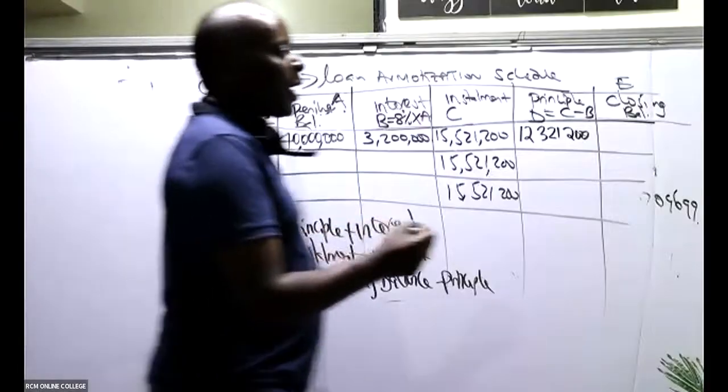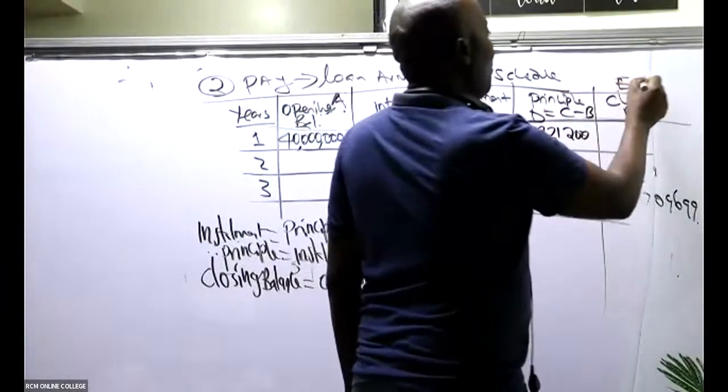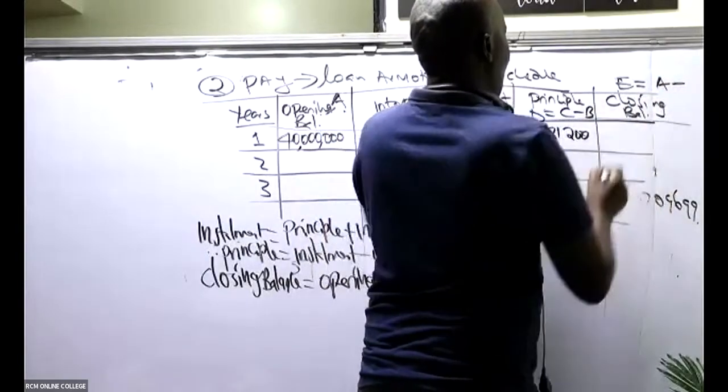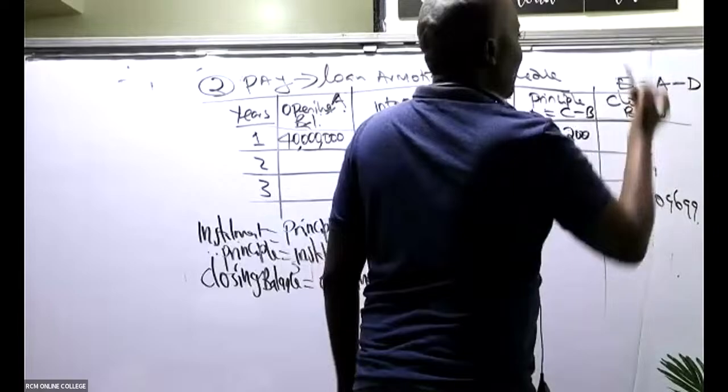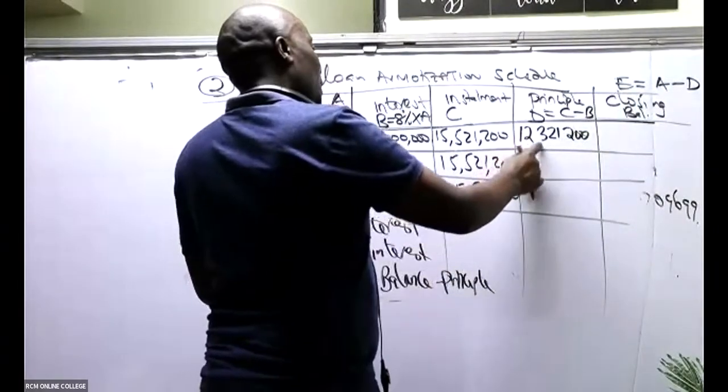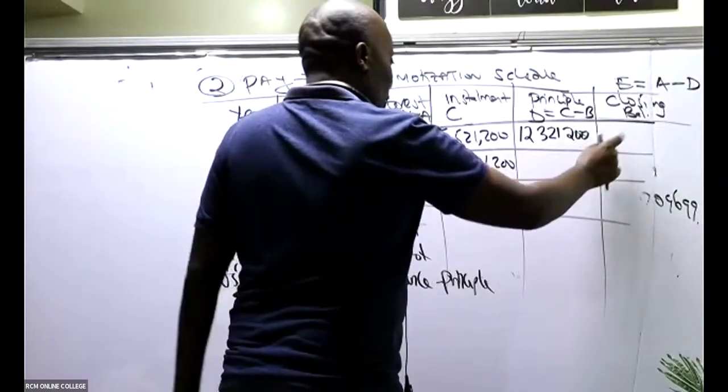Somebody has already told me that this E will be equal to the opening balance, which is this A, minus the principal here, which is this column D, A minus D. So you take the 40 million, you subtract 12,321,200. Are you able to give me a figure here?